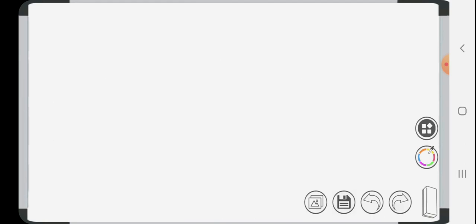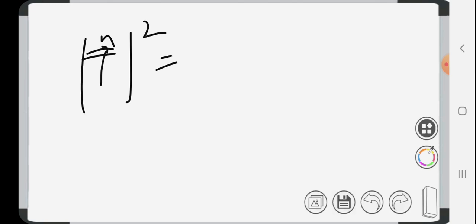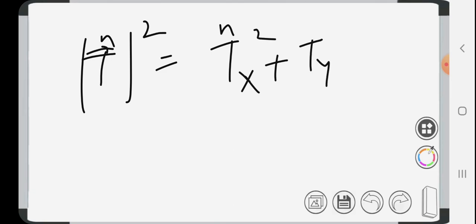So in this case we can write the Tn vector square will be equal to Txn square plus Tyn square plus Tzn square.